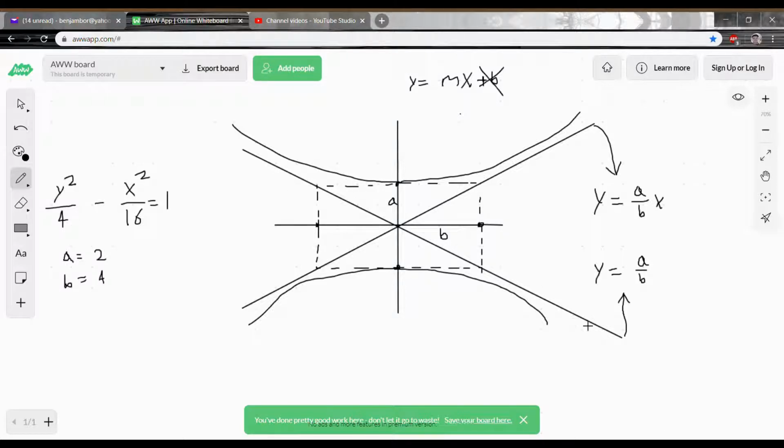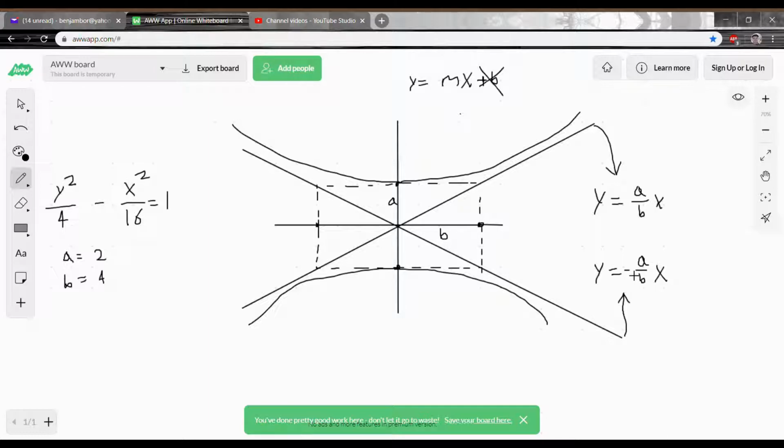This line goes downward, meaning our elevation is dropping. Our rise is actually falling as we increase in b. So our a is negative, making the whole thing negative. So the equations for these asymptotes for a vertical hyperbola are y equals a over b x and y equals negative a over b x.